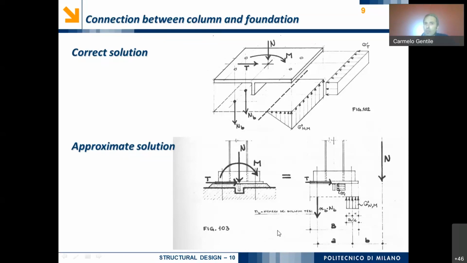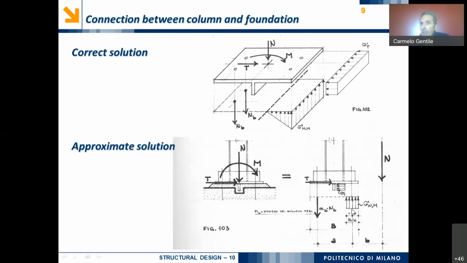In order to evaluate these two unknowns, of course, I would like to use the equilibrium equations. In fact, two equilibrium equations are available. The first one is the equilibrium equation with respect to rotation, for example, to rotation around this point.